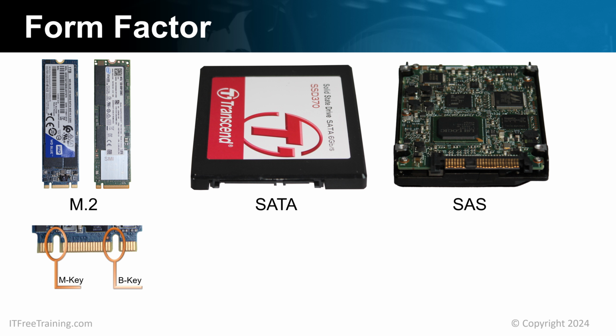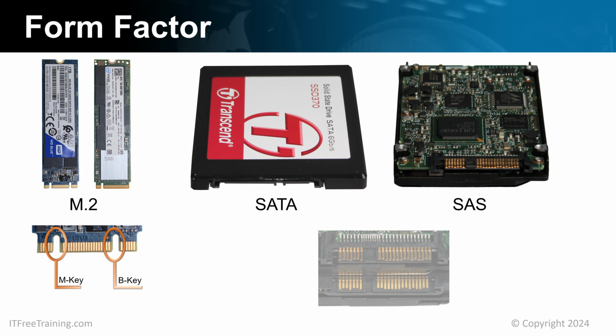I will now have a closer look at the connections for SAS and SATA. In this example, I have a SAS and SATA hard disk. I placed one on top of the other so we can compare the connection type. The SAS drive is on the top. You will notice that both connections appear to be exactly the same. In a lot of ways they are, as they use the same number of pins for the data and power connectors.